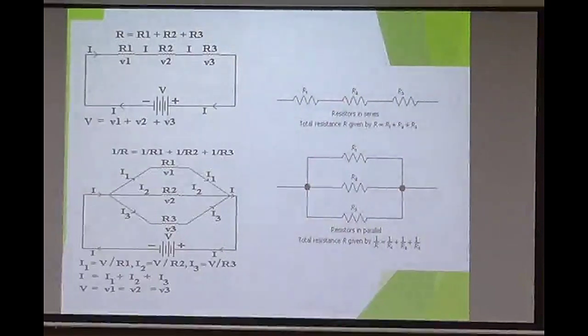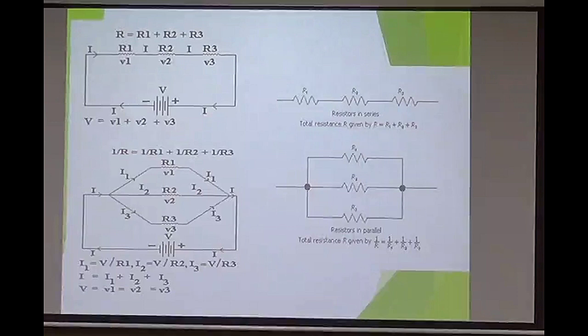I1 we are writing V upon R1. I2 we are writing V upon R2. I3 is V upon R3. So the net current I is equal to I1 plus I2 plus I3. You will substitute and you will get the net resistance 1 upon R is equal to 1 upon R1 plus 1 upon R2 plus 1 upon R3. If you have 10 such resistors, the formula will continue.